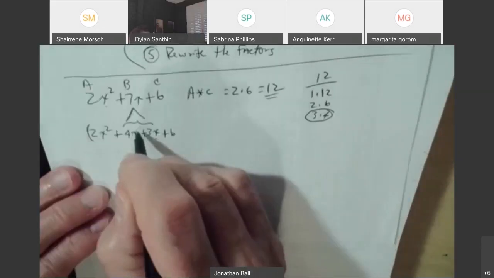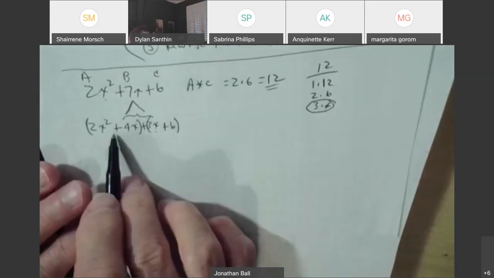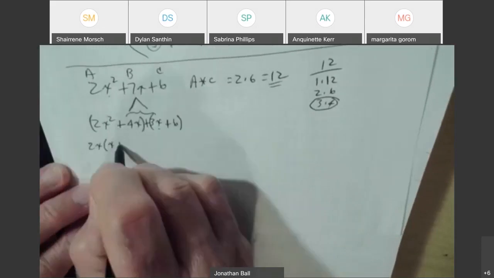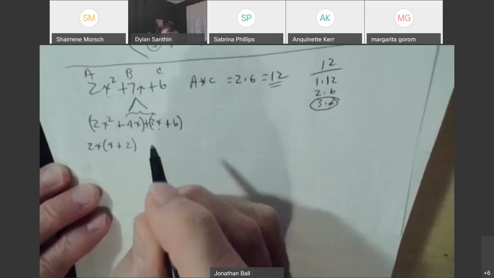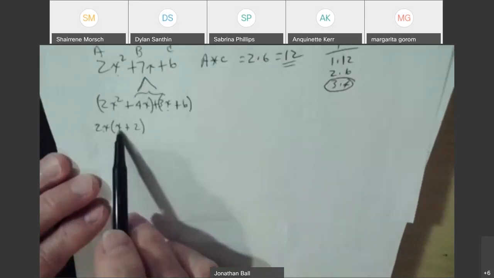Here and here. Now what can we factor out of this first term? 2x. X plus 2. Before you go any further, when you're doing this, multiply 2x times x. 2x times x is 2x squared, that's right. And 2x times 2 is 4x, so we're right.